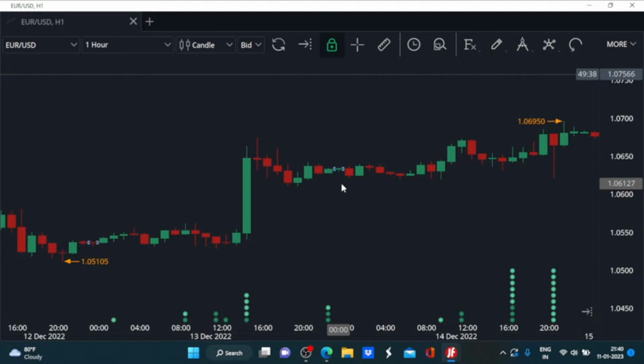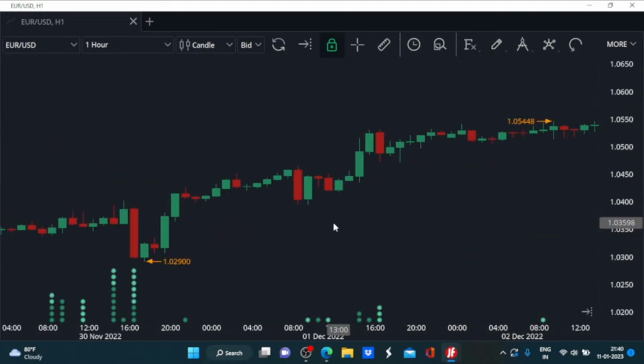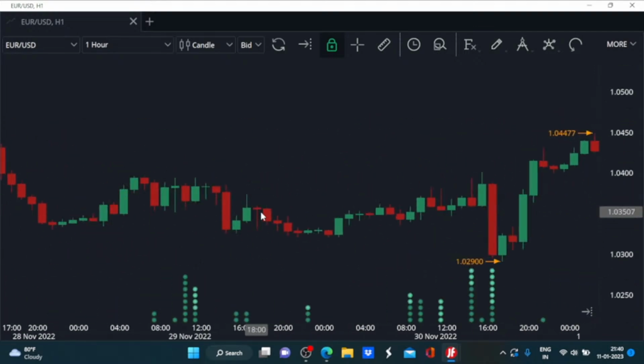Some of those formations are going to have higher probability. Some of these formations are going to have lower probability. And even if you have everything in place, still the trade might go wrong. So for that, the only thing we can do is get the stop loss in place. Now let us look for more examples with the requirements being fulfilled.